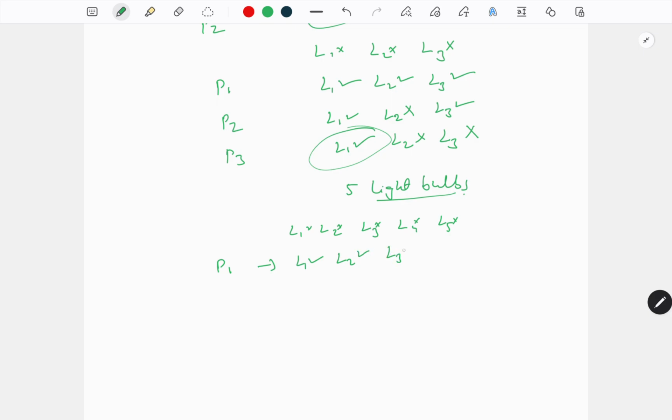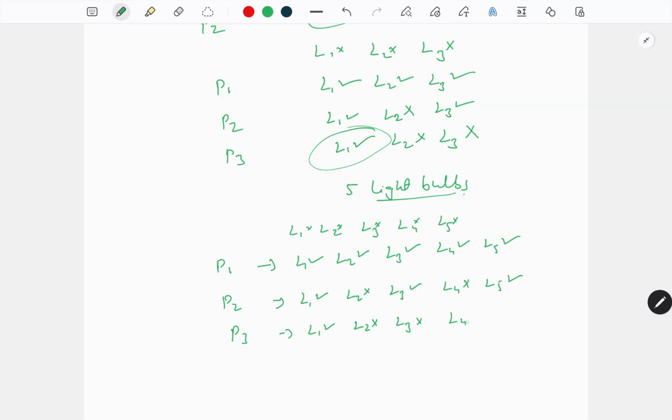P2 comes and turns off the even-numbered lights. P3 comes, and L3 is turned off.